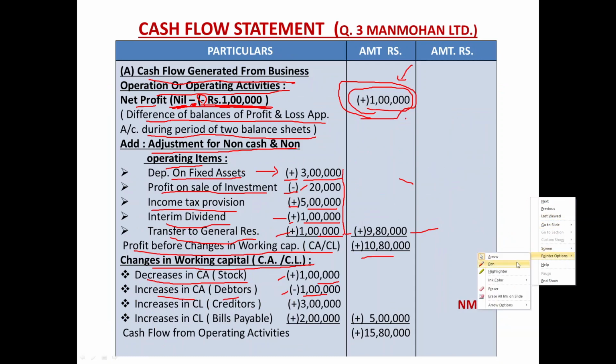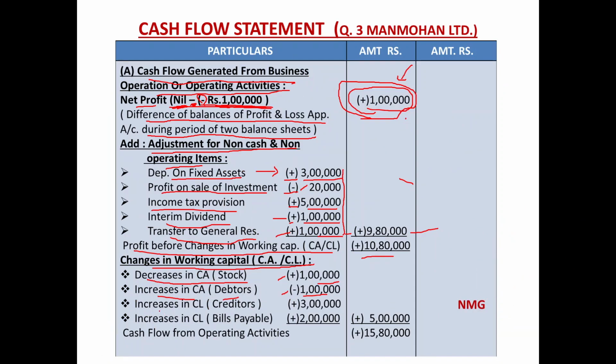Let us report it. Increase in CL, creditors, increase in cash flow, plus 3 lakhs. Once again, increase in CL, namely bills payable, increase in cash flow, plus 2 lakh. Net impact of reporting of this CA and CL, plus 5 lakhs.